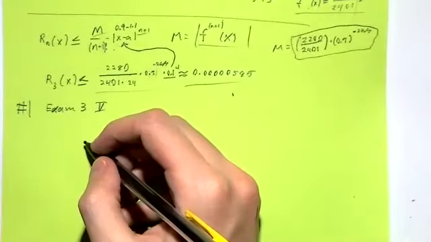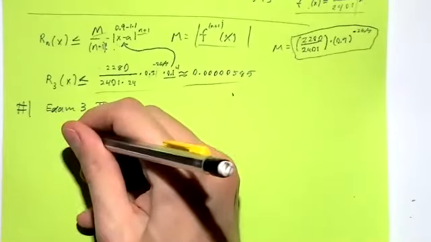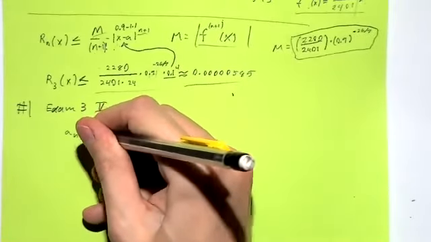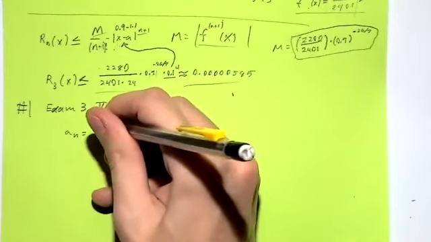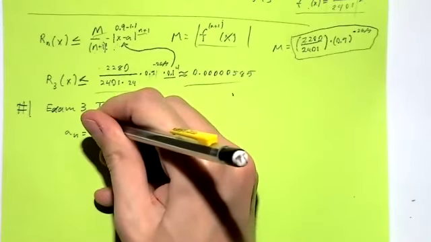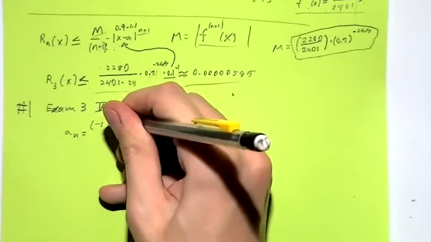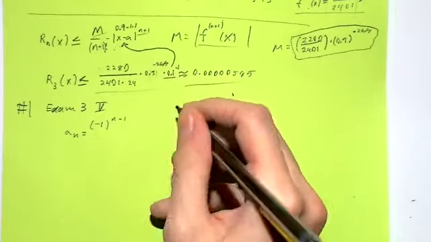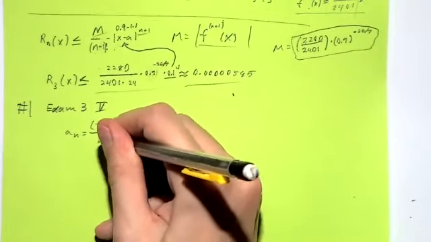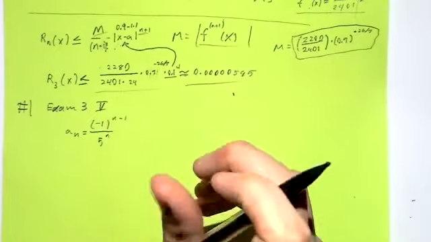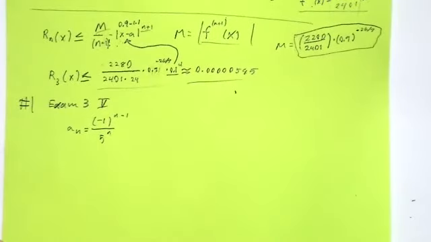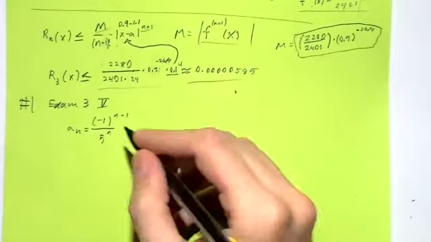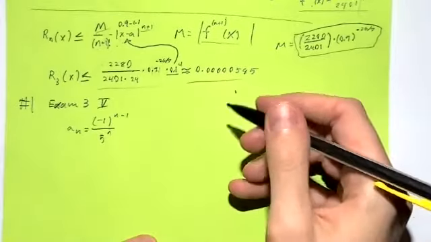All right, so we have a sub n is equal to, and this is a sequence, so we're not looking at a sum, negative 1 to the n minus 1 over 5 to the n. The first number in the sequence will be at n equals 1.